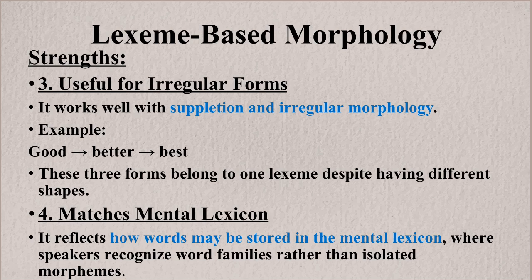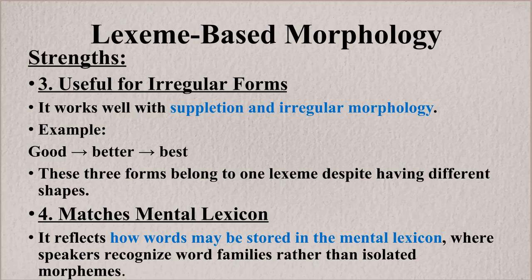Second, this approach matches what we know about the mental lexicon. In our minds, words are not stored as isolated pieces. Instead, speakers tend to organize words in families based on meaning and relationships. So when we think of a word like good, we also mentally connect it with better and best.